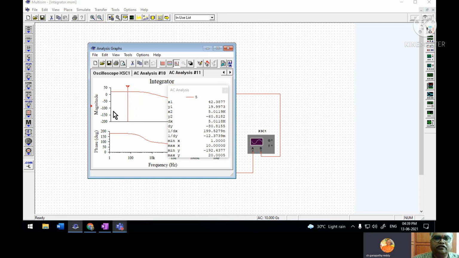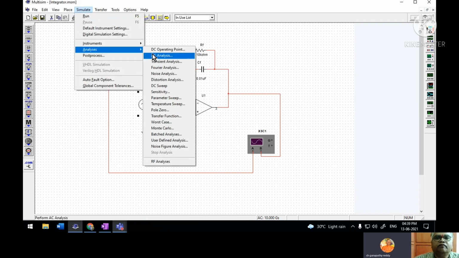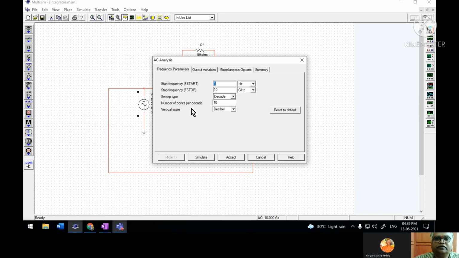Now the y-axis values are coming in terms of dB. Whatever fashion you want, you can select here. For the vertical scale you have the options of octave, dB, logarithmic, linear. Linear is user friendly, dB is also fine.